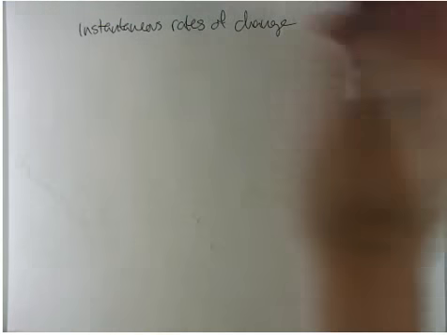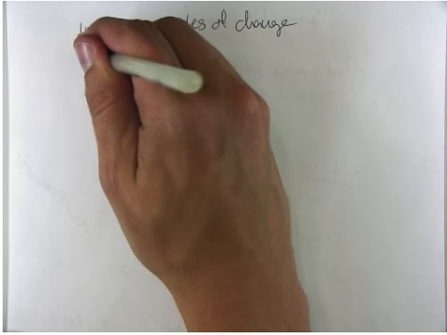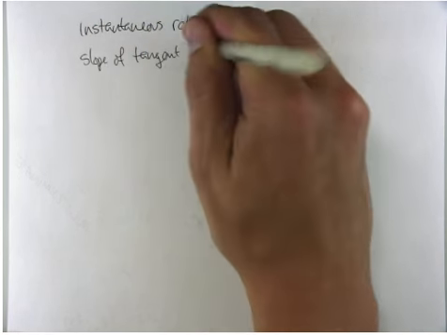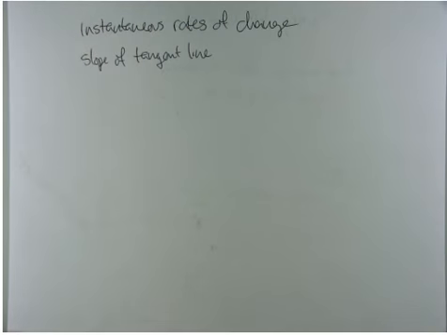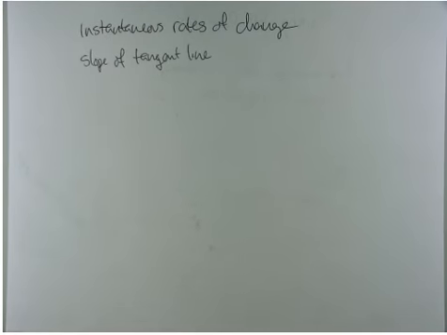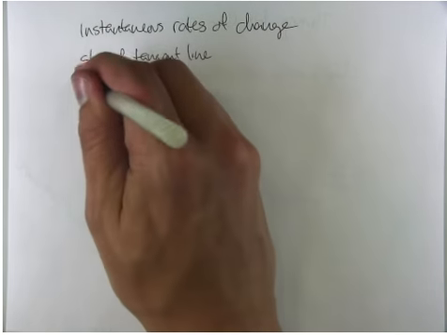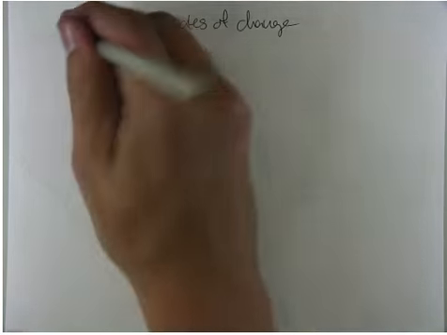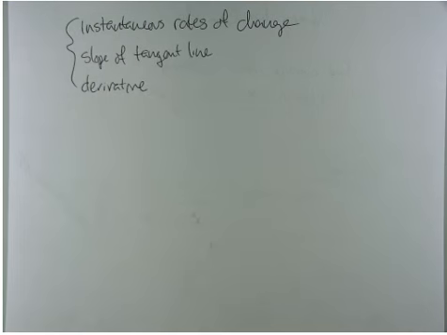Instantaneous rates of change, which we interpreted as the slope of a tangent line, and we later found out was this thing that we called the derivative. So these three concepts are all really the same, and you should be able to talk about them interchangeably.